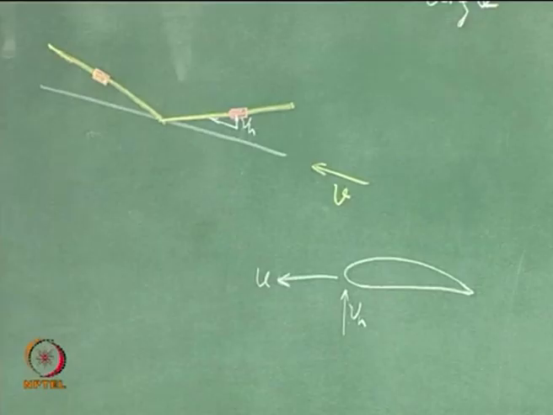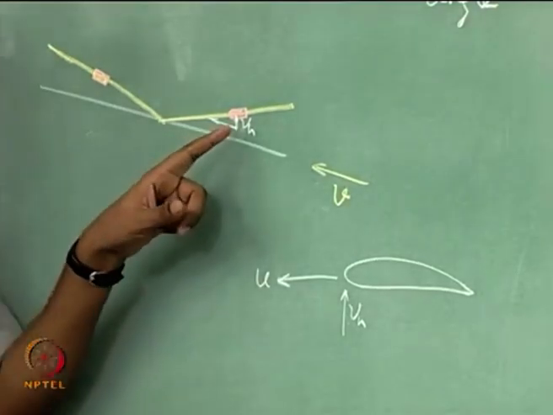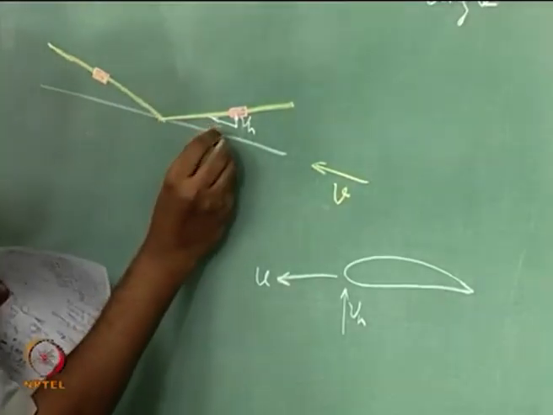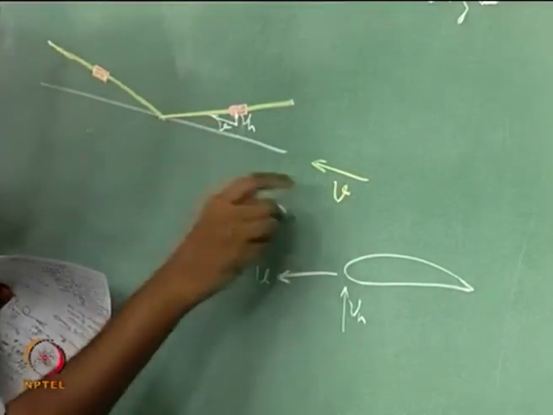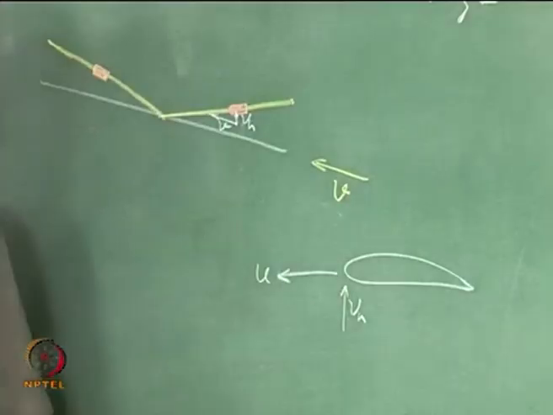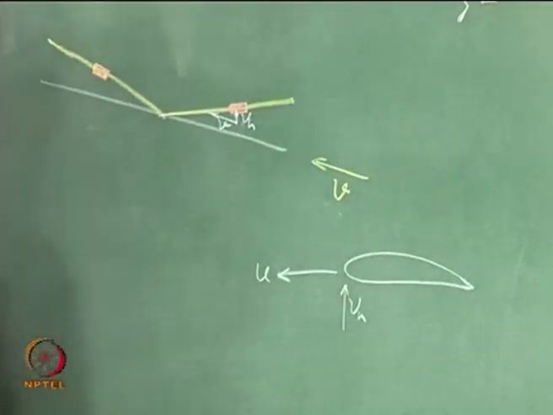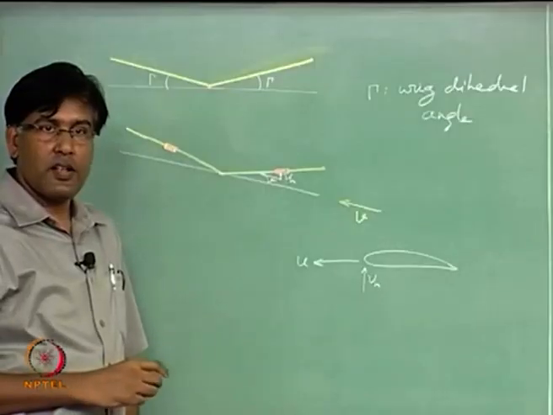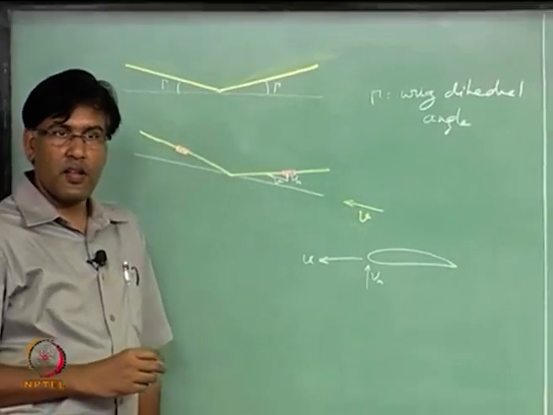Is it clear? What is this component V n? So, let us say this is your V, which is this. What is V n?